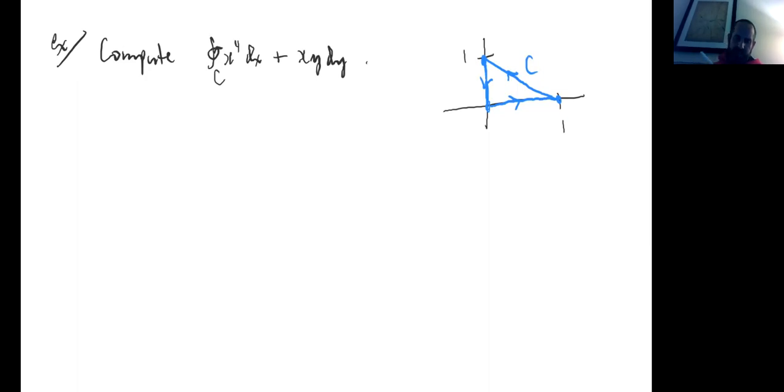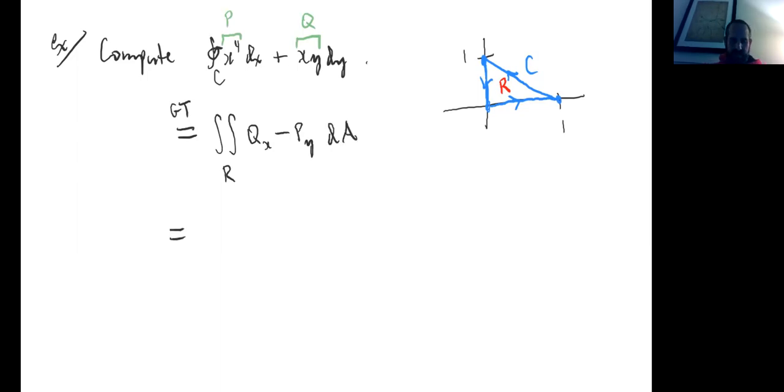But keeping in mind that we have Green's theorem in our back pocket, I'll call this P, and I'll call this guy Q right here. Let me call this region R. So by Green's theorem, GT, which is a big deal, this is going to be the double integral over R of Q sub x minus P sub y dA.